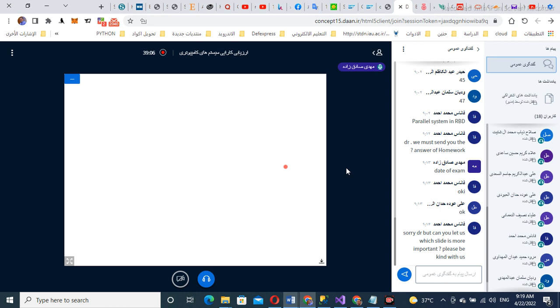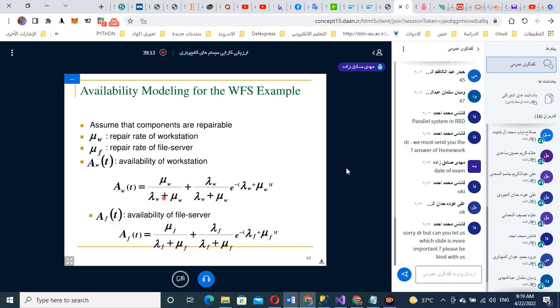The availability AW(t), that is the availability of the workstation, is mu W divided by lambda W plus mu W, because during repair the system is not available, plus lambda W divided by lambda W plus mu W, times e to the minus (lambda W plus mu W) t. And AF(t), the availability of the file server, is similar to the availability of the workstation, with this formula.